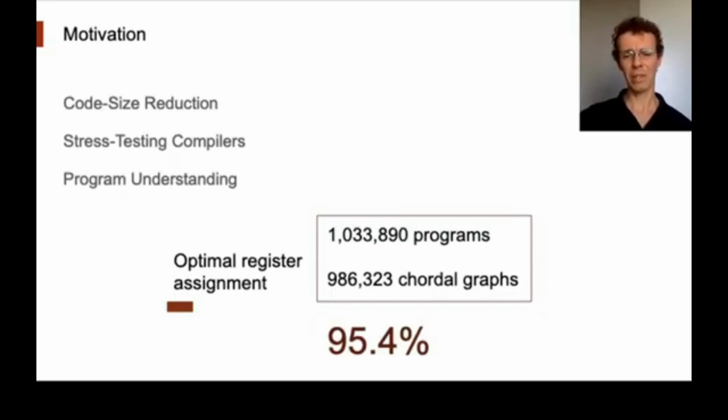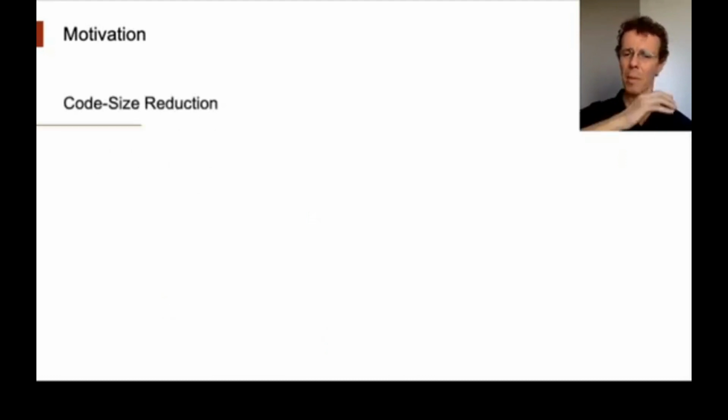That's 95% of the collection, and given the large number of programs sampled, it's safe to assume that this proportion is likely to characterize other C programs. But in this paper, we shall focus on code size reduction. I'll be explaining how we can use AnghaBench to train a predictive compiler that's good at compressing programs.